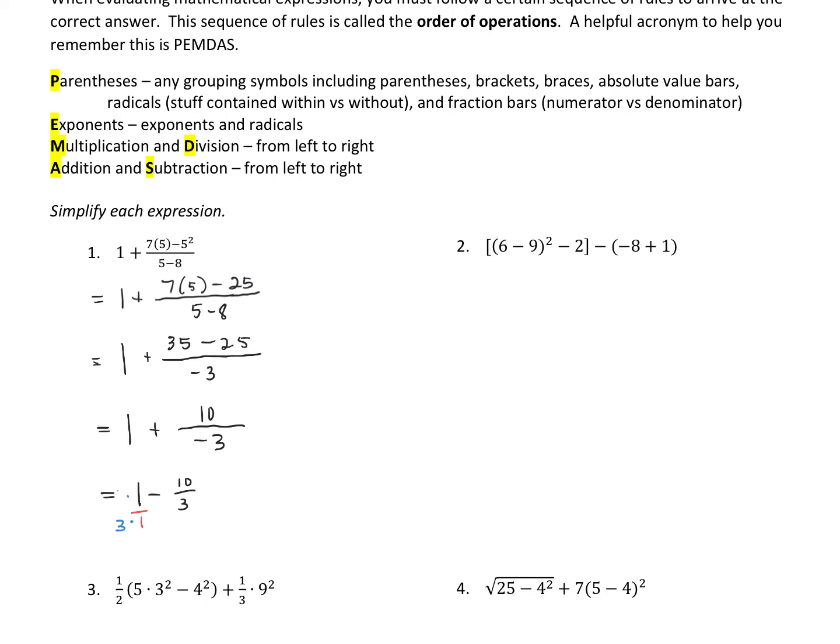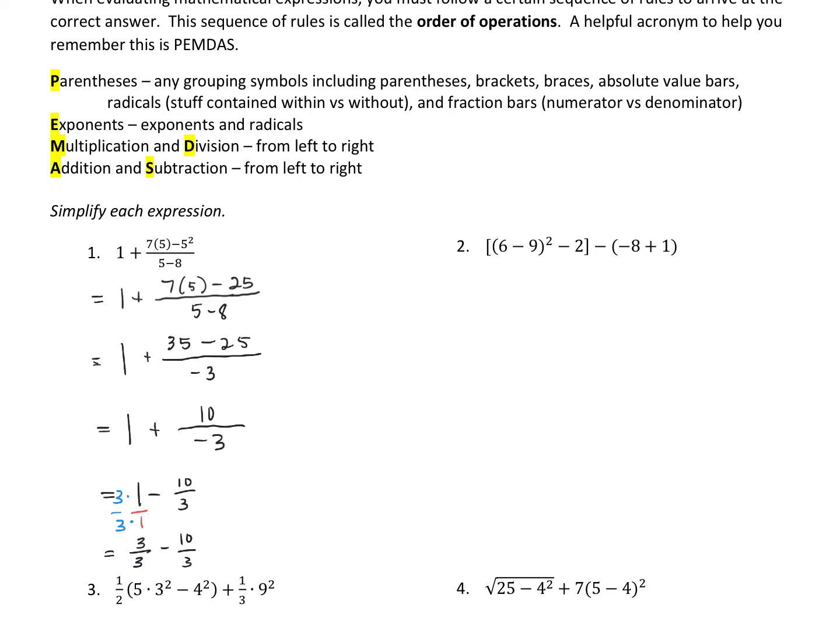And whatever you do to the bottom, you have to do to the top as well so that it's an equivalent fraction. You're not changing the value. So this would be 3 over 3 minus 10 over 3. Notice that 3 over 3, if you divide that out, that's 1. So it's still equivalent to what we had originally.